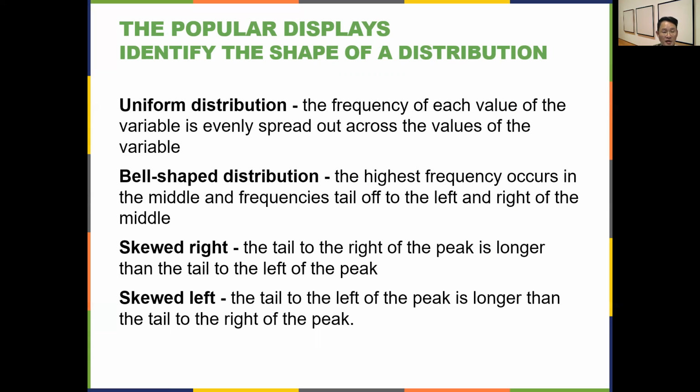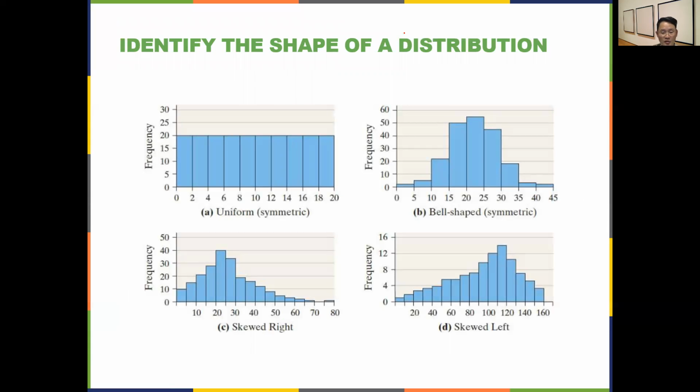For the last topic, let's talk about the distribution shape. There are uniform distribution, bell-shaped distribution, skewed right, and skewed left. I mean, you can read this, but let me go to the graph, and then we'll talk about this.